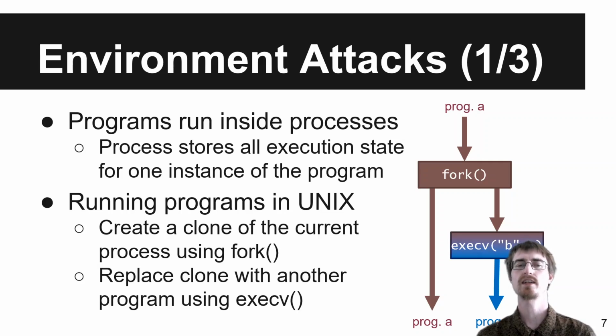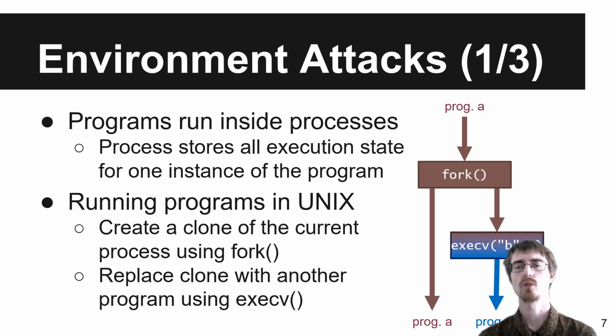First, we create a clone of the current process using the fork system call. As you can see on the right, we have program A in brown, which executes up to the point where it forks. And then it continues executing, but now twice. The fork function is actually the only function that returns twice. It returns in each process that has been created separately.